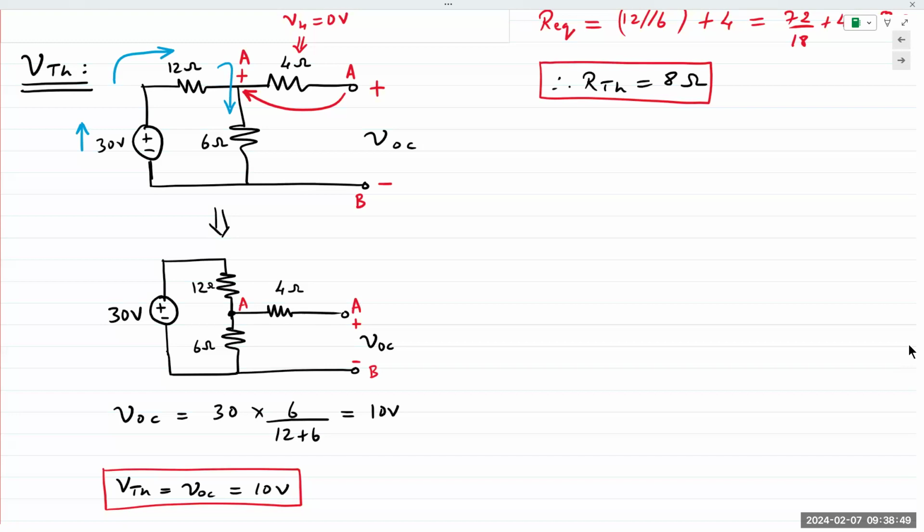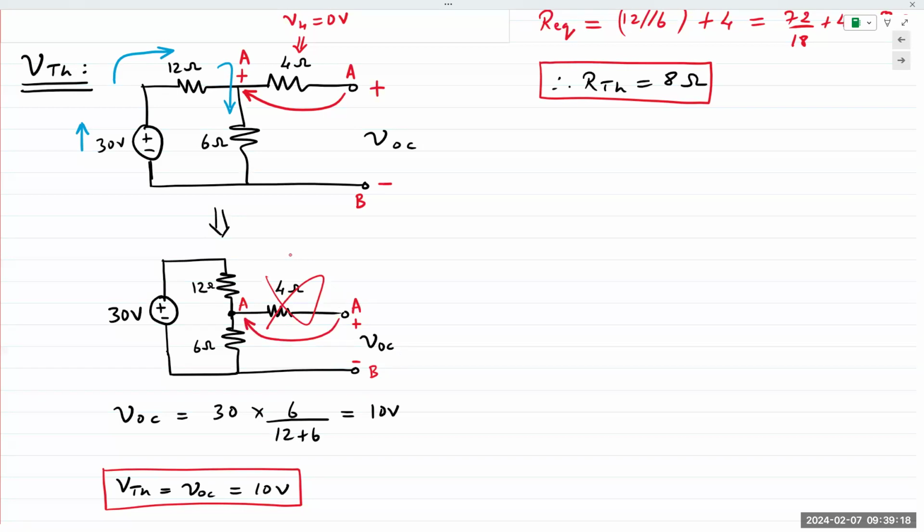So we established that the 4 ohm resistor has no effect on the circuit because current does not flow through it. And because current does not flow through it, the voltage at both ends of that resistor is exactly the same. So if you're trying to find the voltage between these terminals A and B, we can conclude that A has the exact same voltage as the other end of that resistor.